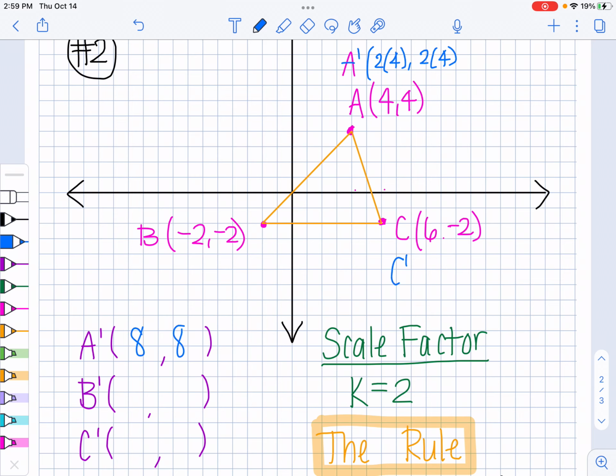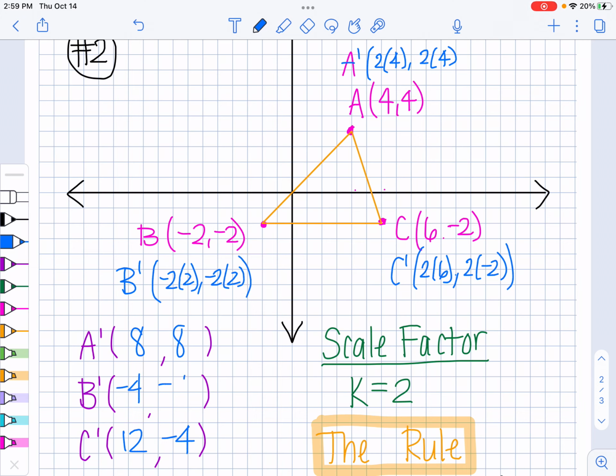For C prime, I take 2 times 6 and 2 times negative 2, which gives me 12 and negative 4. For B prime, I get negative 2 times 2 and negative 2 times 2, which gives me negative 4 and negative 4.